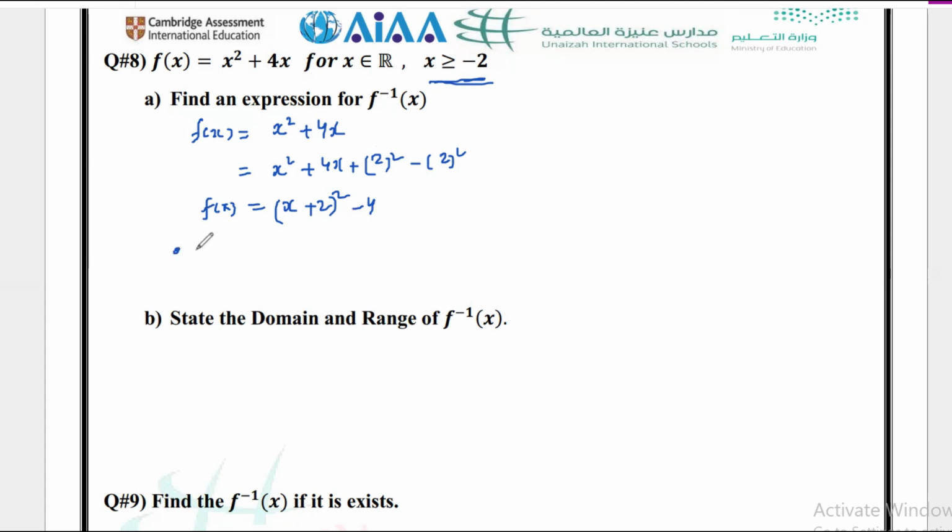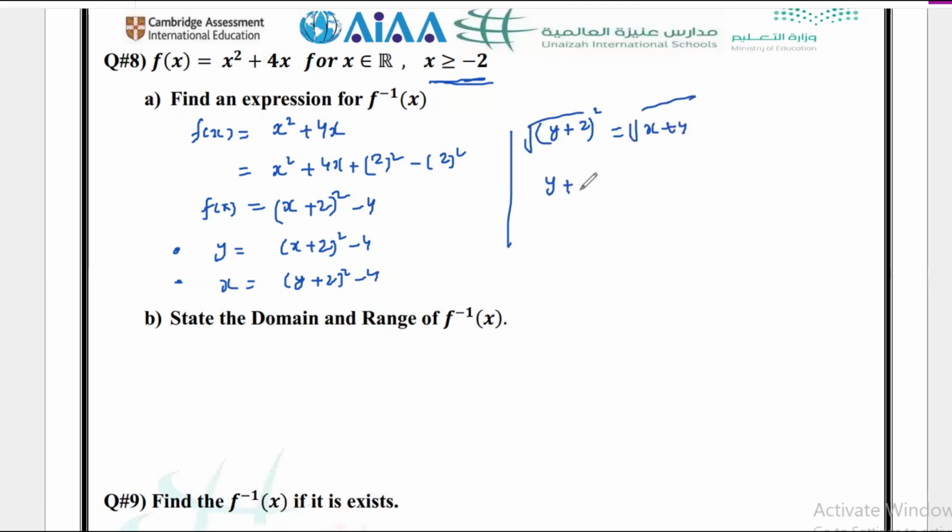The first step is y equals (x plus 2) whole squared minus 4, and then we shuffle x and y, and then we make y the subject. So (y plus 2) whole squared is equal to x plus 4, and then by taking the square root on both sides it becomes y plus 2 is equal to the square root of x plus 4, and y is equal to minus 2 plus the square root of x plus 4.